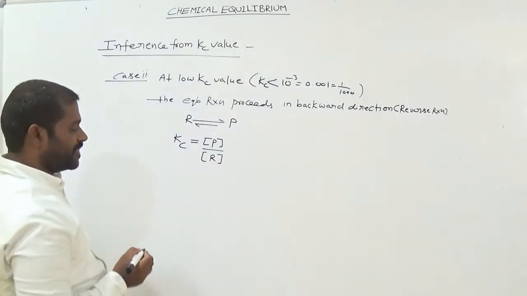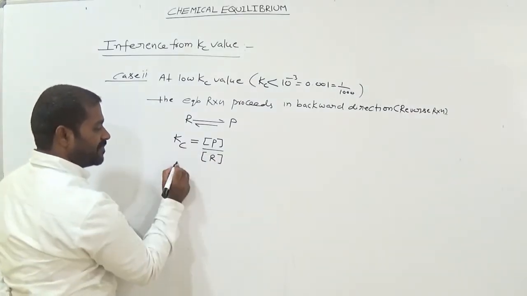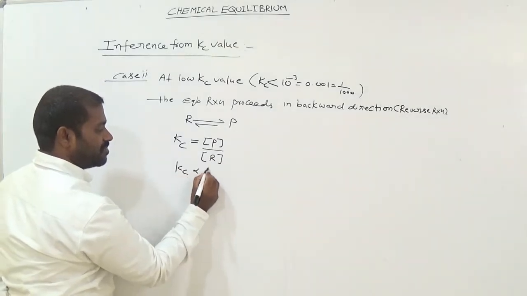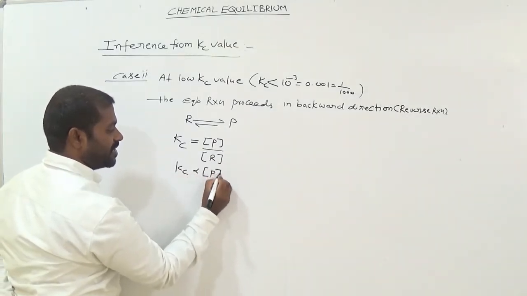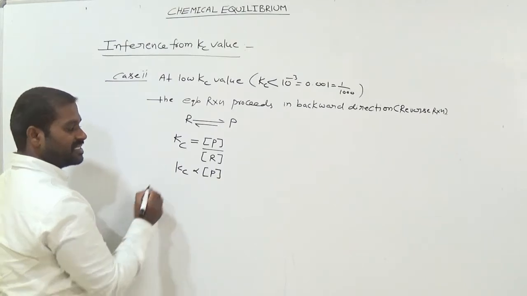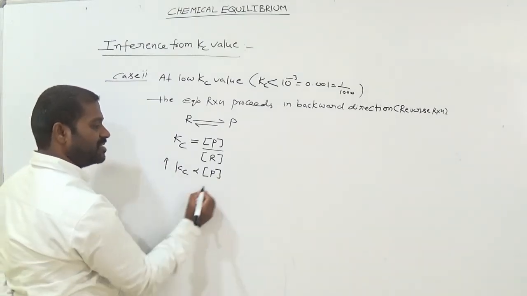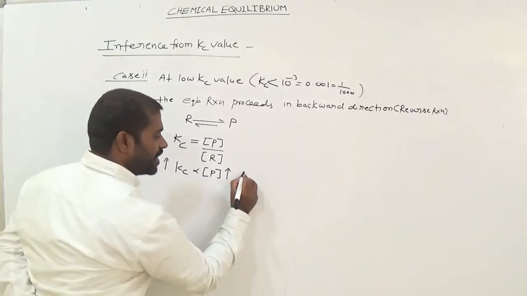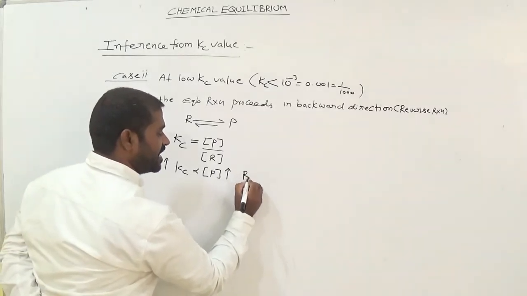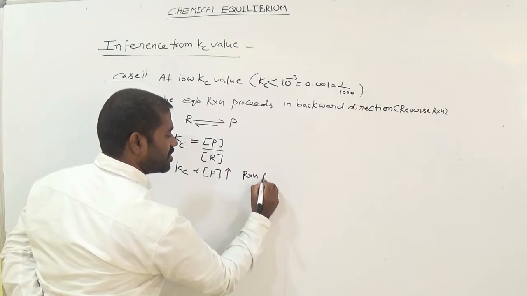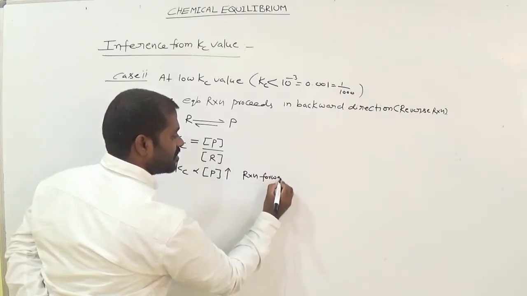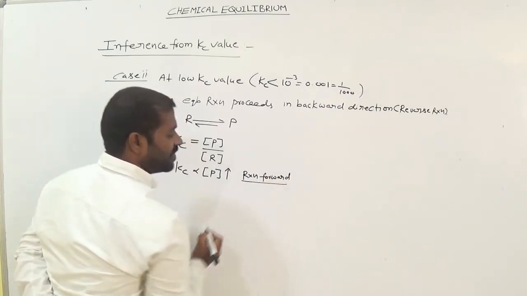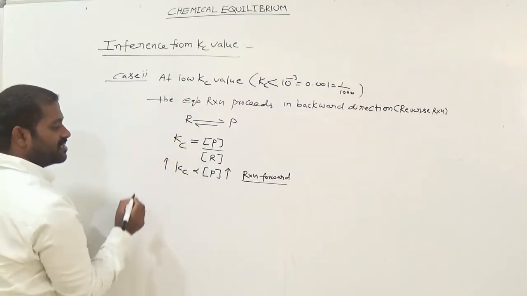Am I right? So Kc is directly proportional to the molar concentration of products. That means when Kc increases, the molar concentration of product also increases. So what happened? The reaction is forward. Am I right?